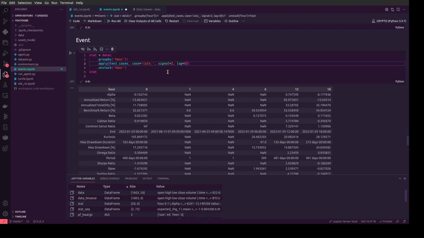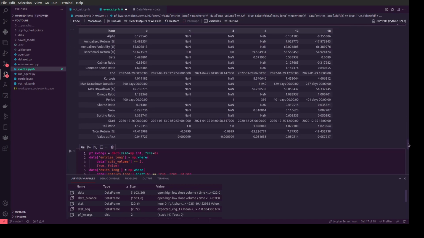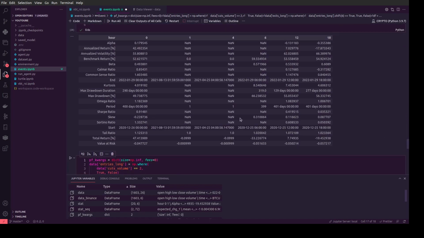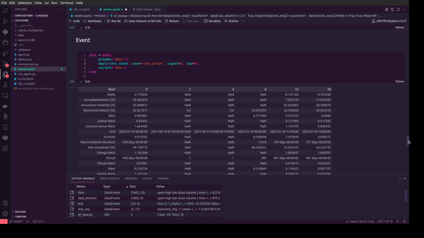Let's change some of the statistics, and I would like to see what happens if cuts price is true and I open a position when we have hour 0 and we hold the position 6 hours.